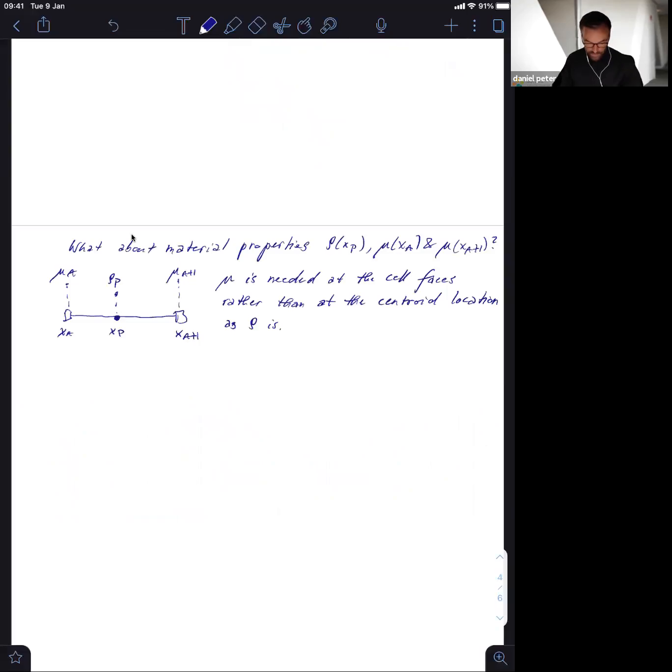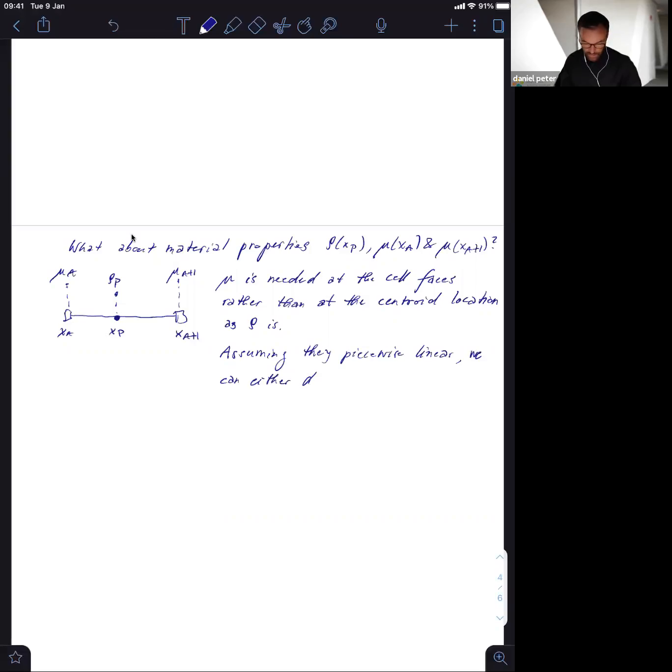So to make life a bit simple, we can assume that these material properties are also piecewise linear. Assuming they are piecewise linear, we have two options basically.